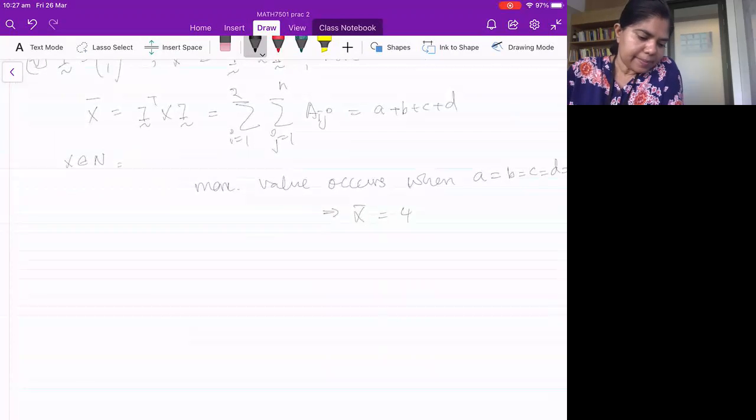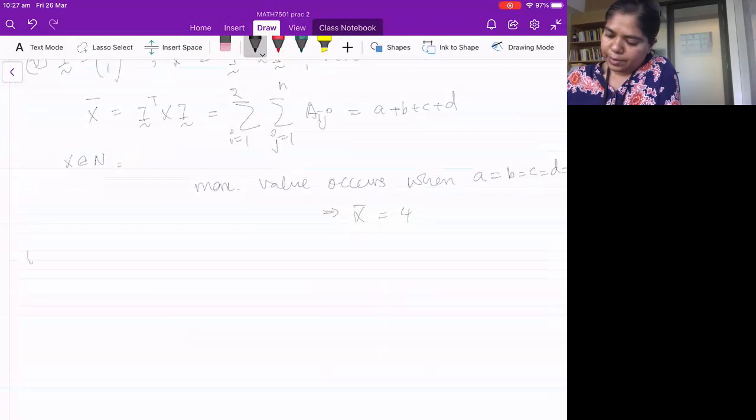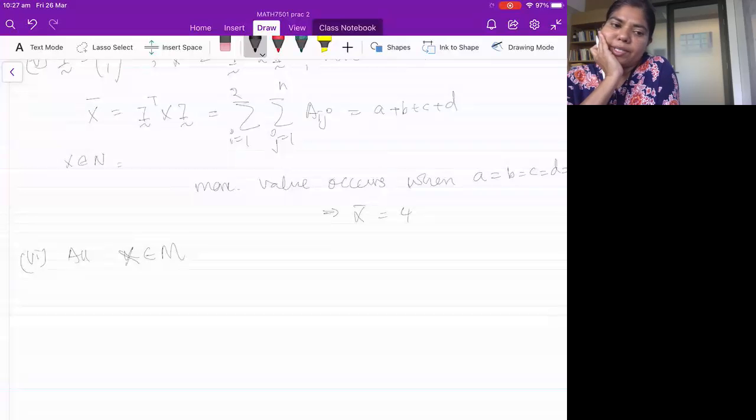Next part. Does the same answer hold if considering all X in N? Briefly explain. Is this the same for the matrices in the set N as well? Yes.